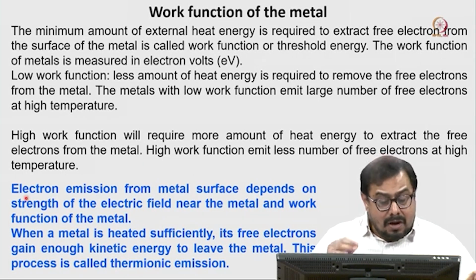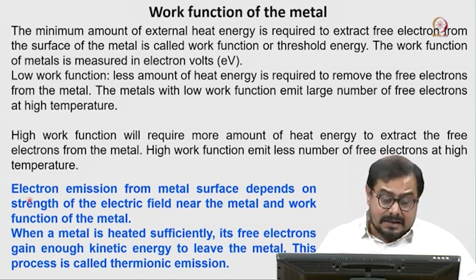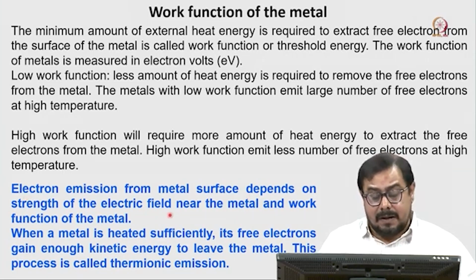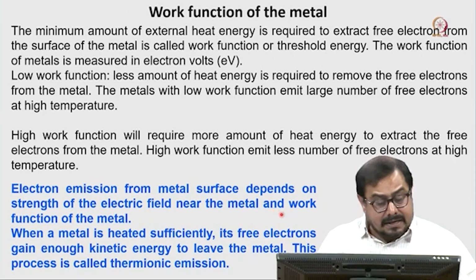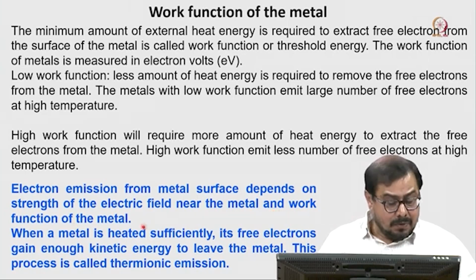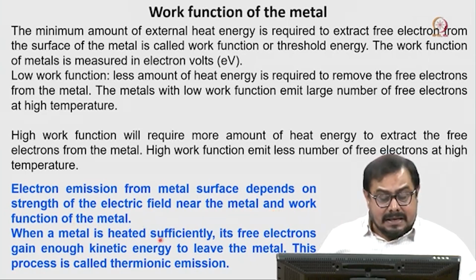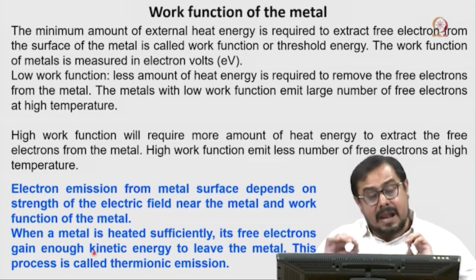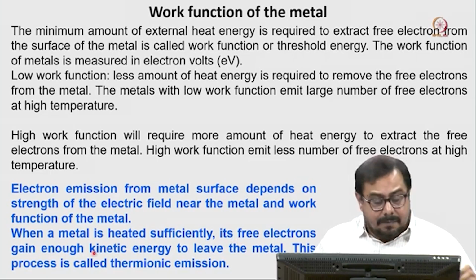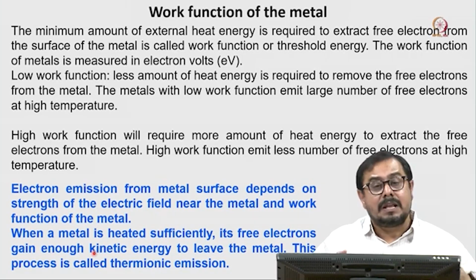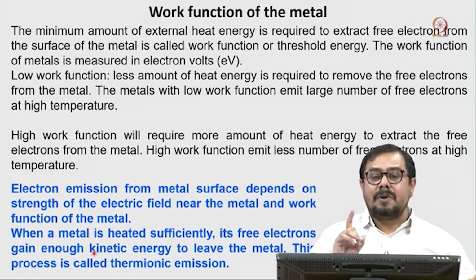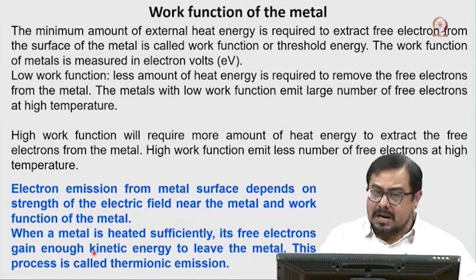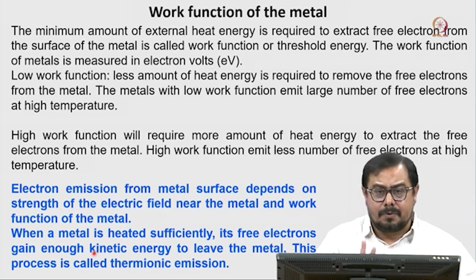Electron emission from the metal surface depends on the strength of the electric field near the metal and the work function of the metal. When the metal is heated sufficiently, its free electrons gain enough kinetic energy to leave the metal. This process is called thermionic emission, because, if you remember what I told you first, there are two types of electron gun we are talking about.